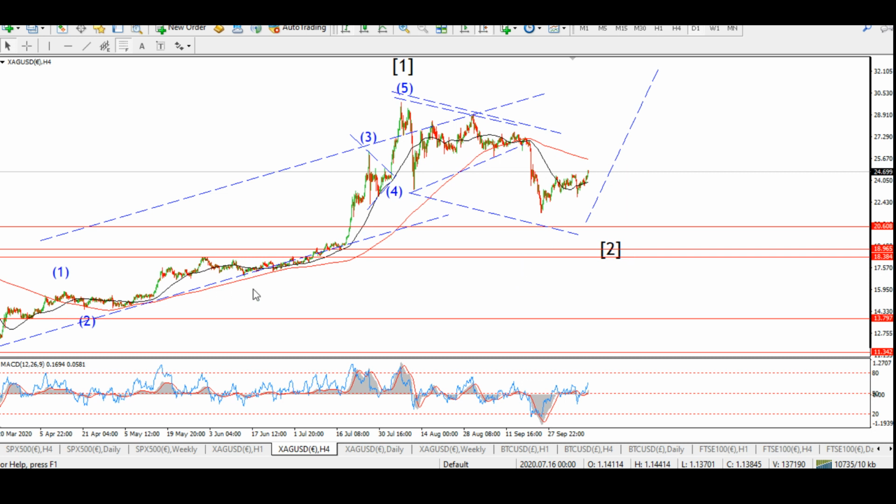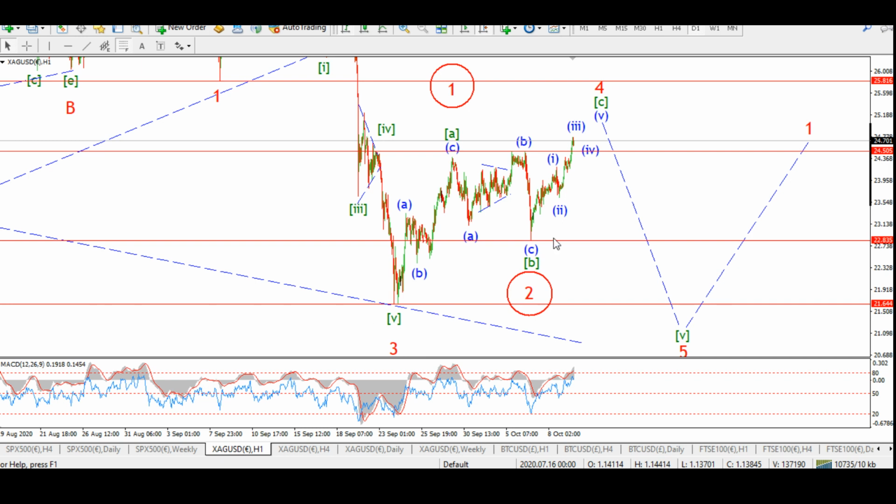I keep coming back to this left shoulder of support here, about $18, $19. So I think wave 2 will finish in about that $18, $19 area, and then we move higher into wave 3, when the air has been completely let out of this market.